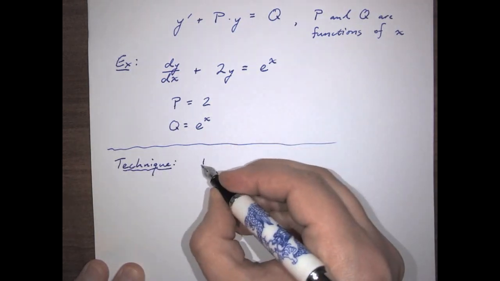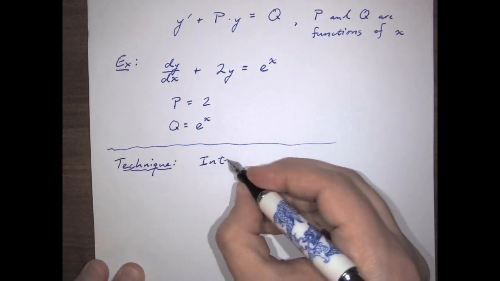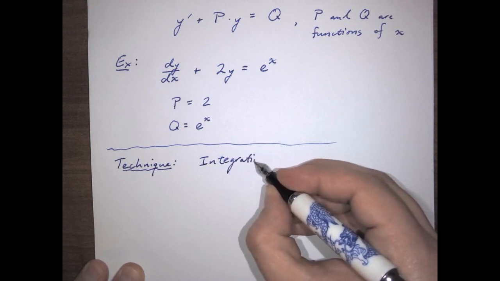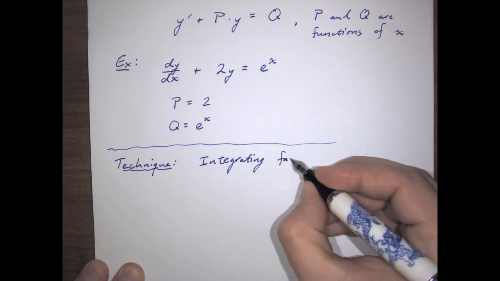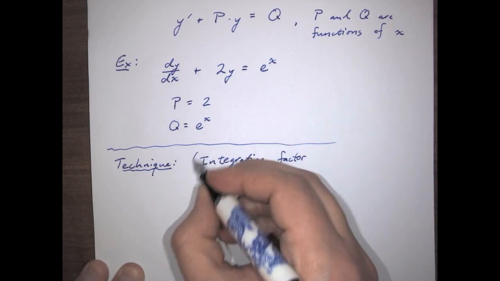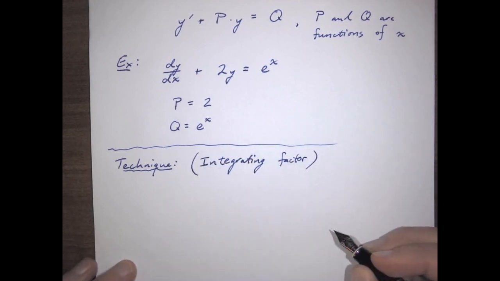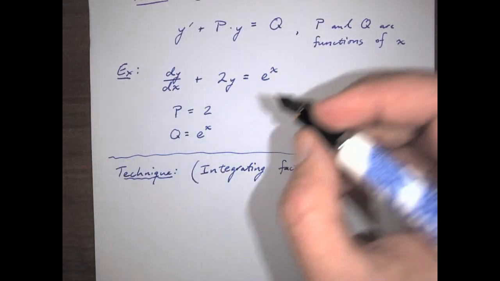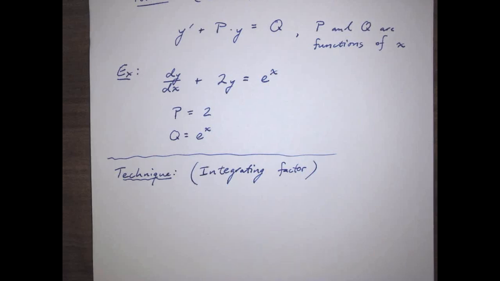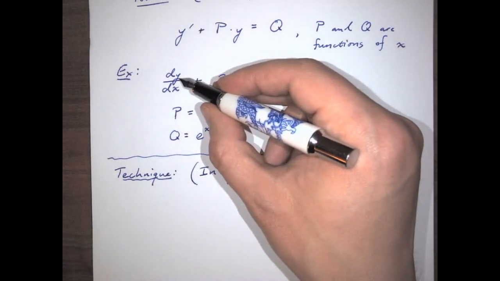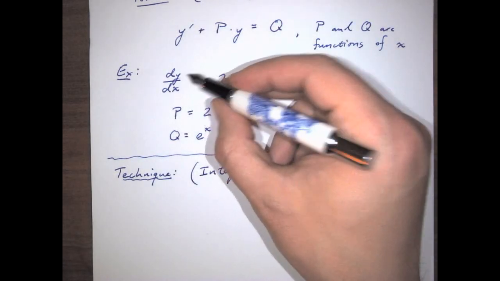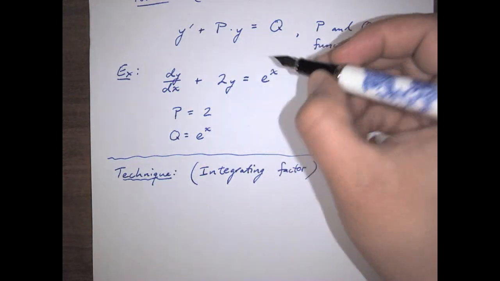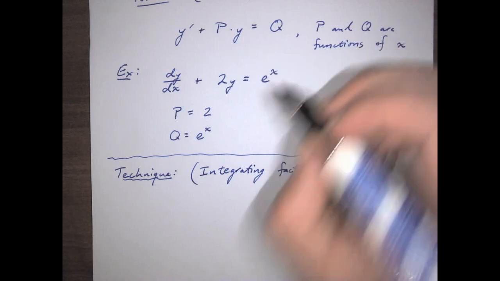This is what's called an integrating factor. Here's the basic way this works. Look at the example that we've got right here. What we have is a derivative of y, something times just a y, and then something else.